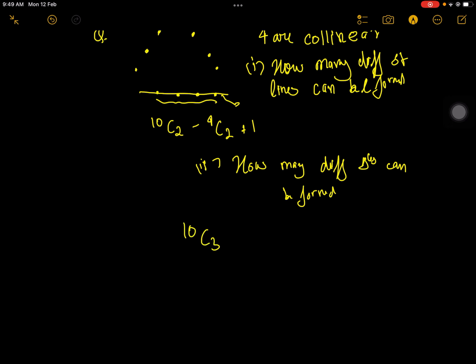And now again you have to account for this bottom set of points. If you take 3 of these 4 points, it's going to form a line. So we just have to subtract that, minus 4C3. We don't add anything here, because that will just give you a line, but we want a triangle.